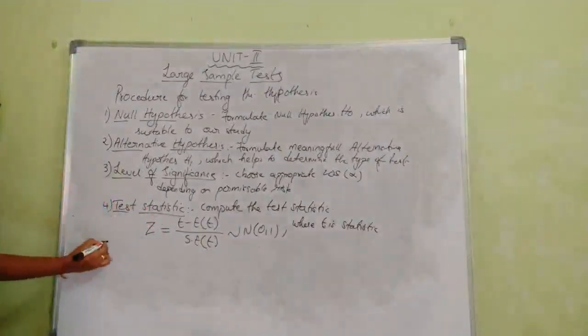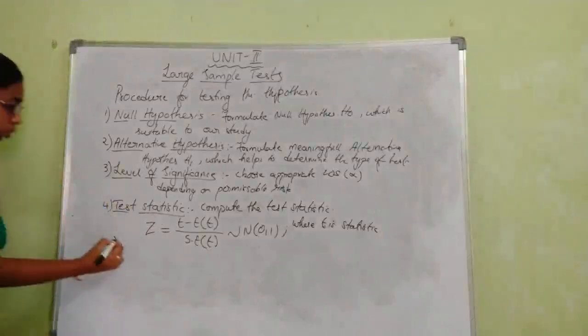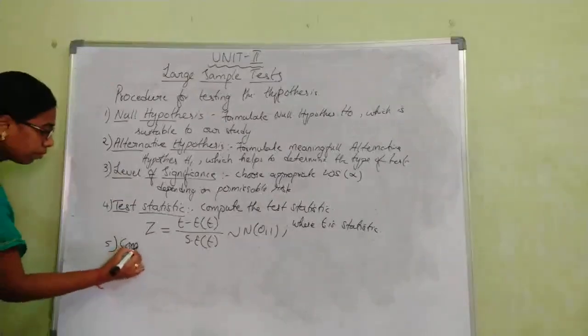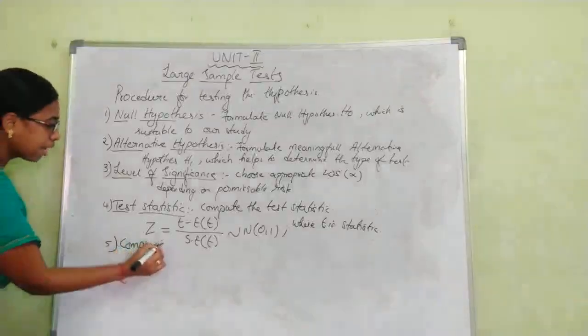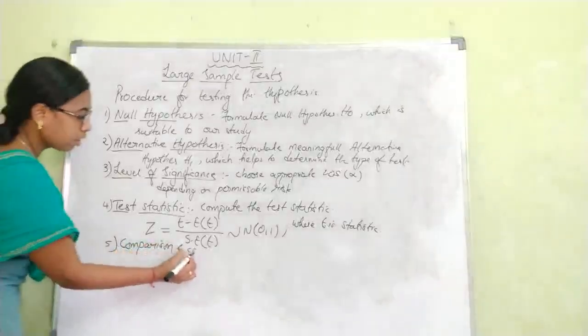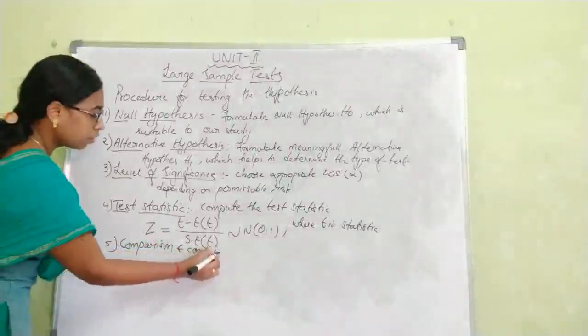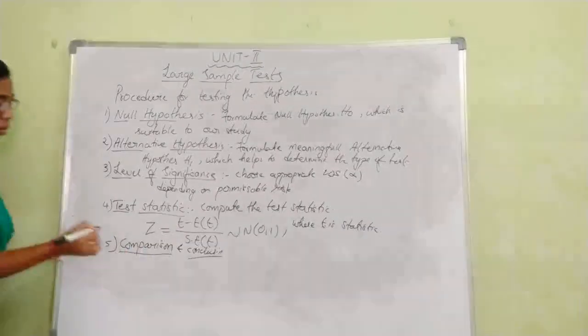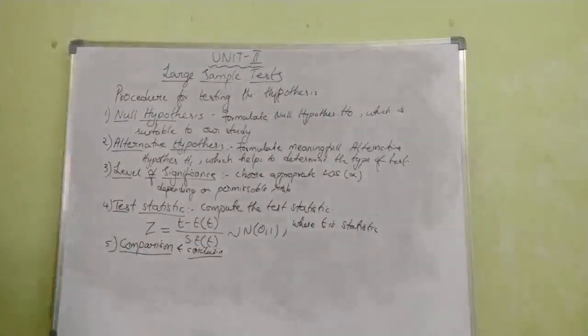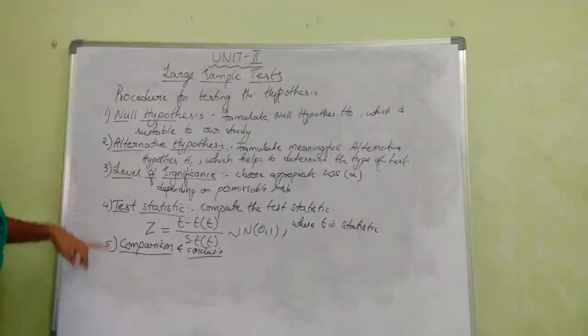Now the next and the last step is comparison and conclusion. The most important step is the comparison and the conclusion. In this we compare the value of Z in step 4.